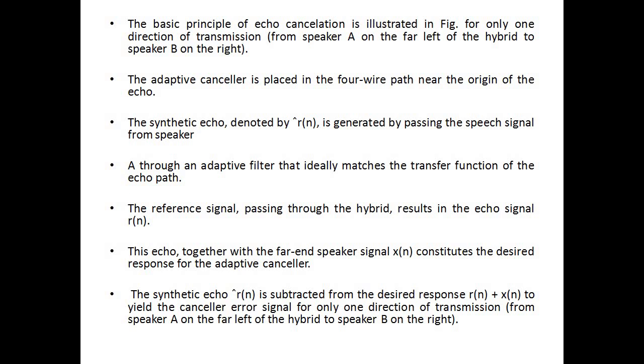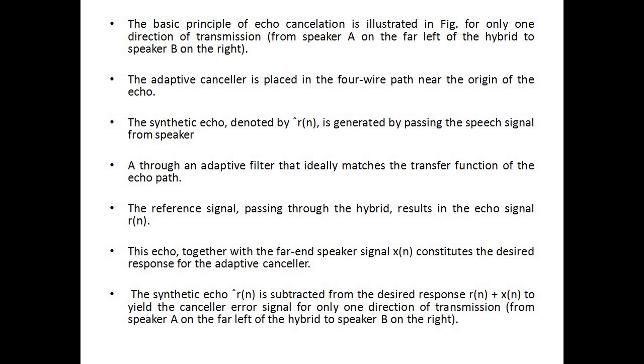So what we will do is calculate the estimated synthetic echo and subtract it from the actual signal. The cancellation error in either direction, from speaker A to B or from B to A, whichever mode of analysis we are doing, has to be tested.